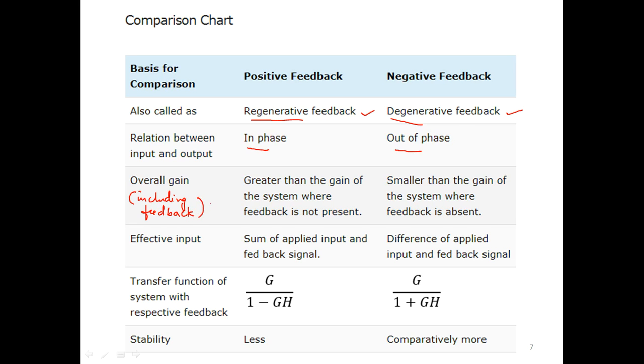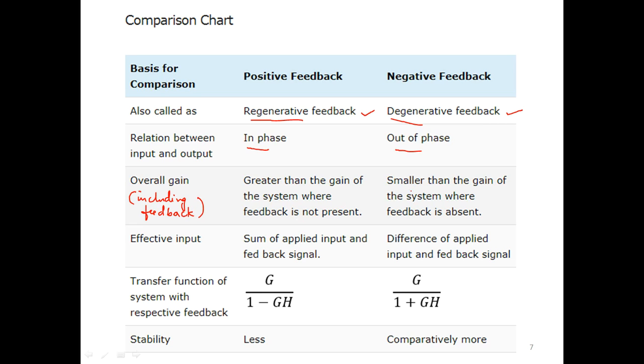What happens in the case of positive feedback? It is greater than the gain of the system where feedback is not present. That means if you give a feedback, then the gain increases with respect to the initial gain when the feedback was not present.